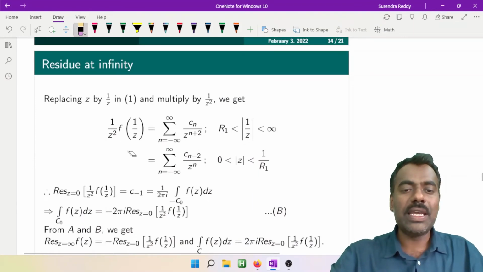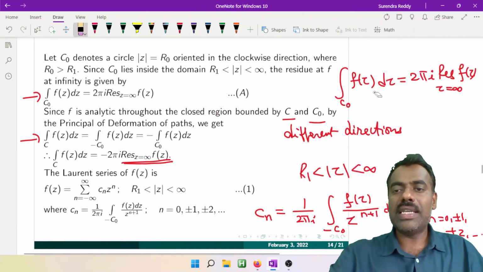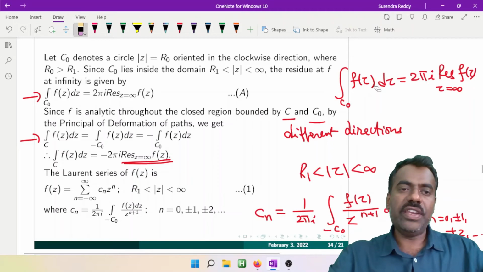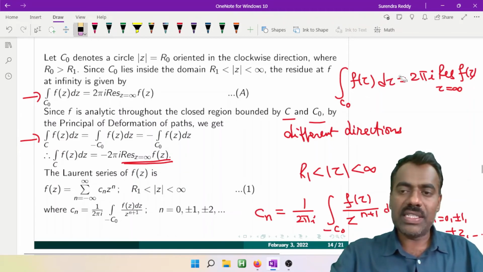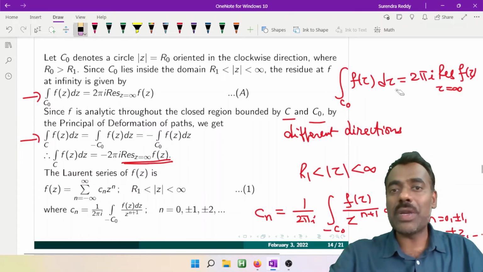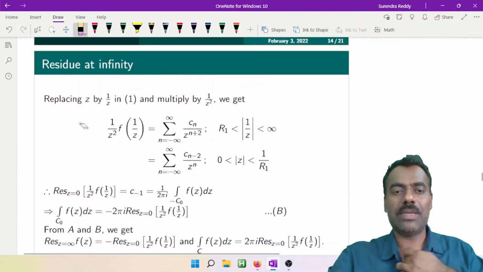Where is it coming from? This 1 by z square comes mainly because of the integration, f of z dz. So when you are dealing with infinity and 0, z should be replaced by 1 by z. And when you have d of 1 by z, the differentiation of 1 by z is minus 1 by z square into dz, right? So that's why that minus 1 by z square term is coming.